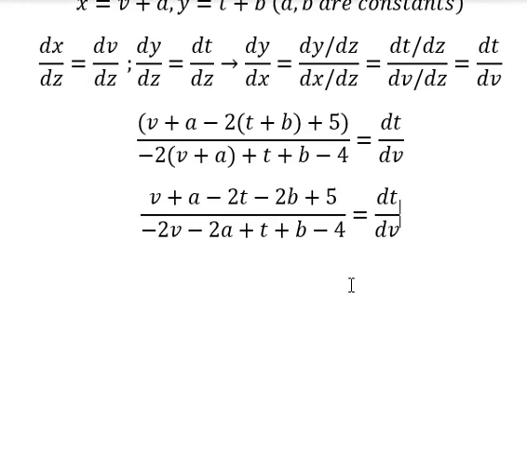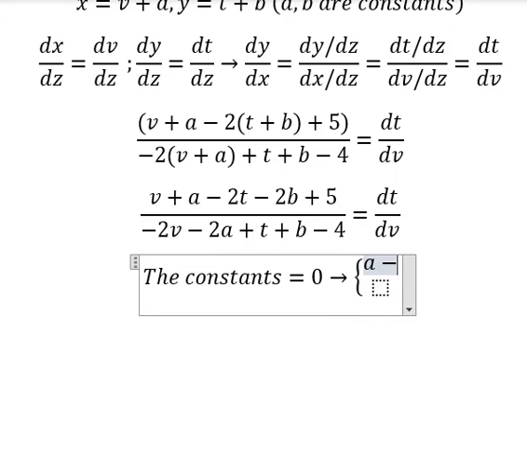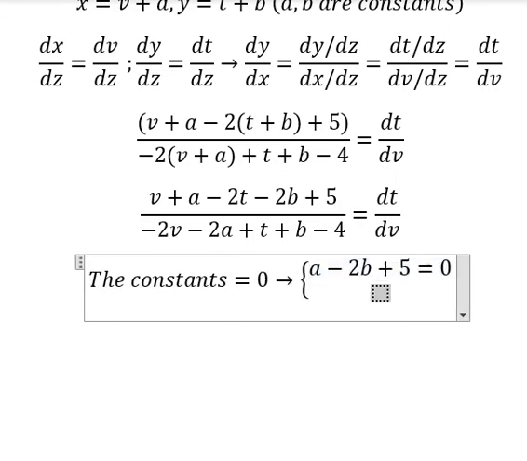So to become homogeneous, the constants should be equal to number 0. So that means a minus 2b plus 5 equals to number 0.